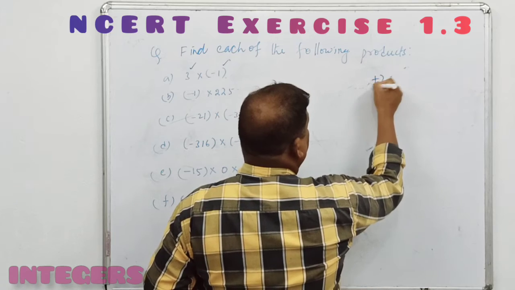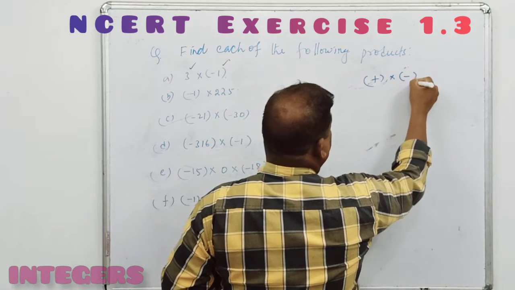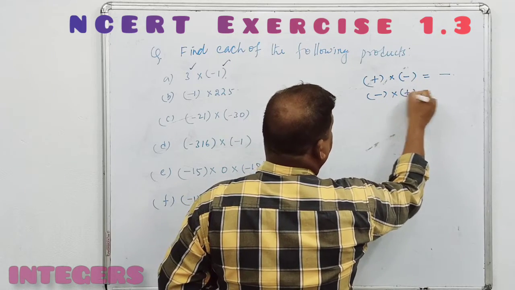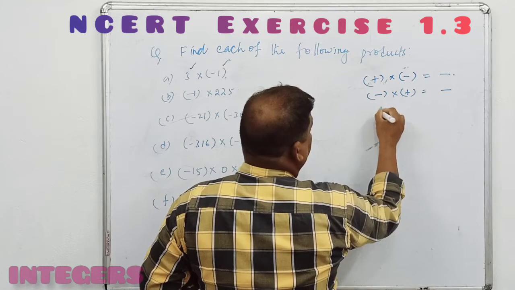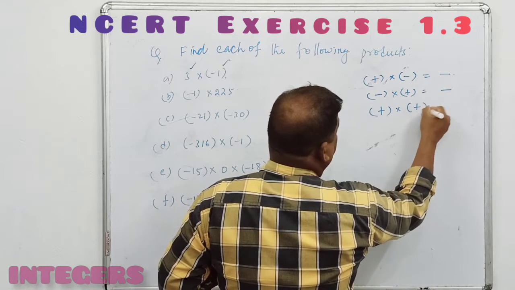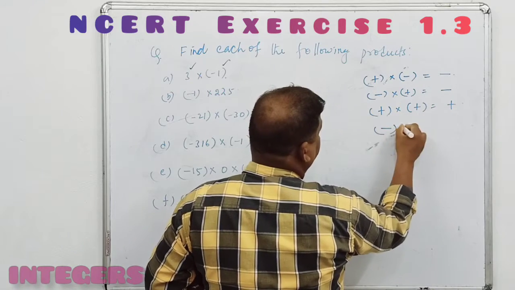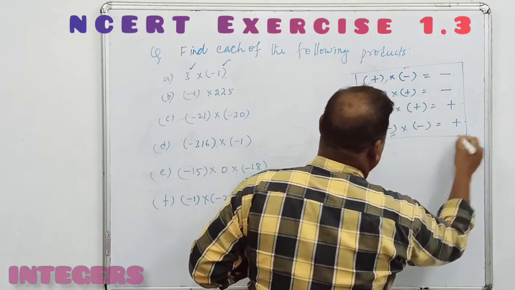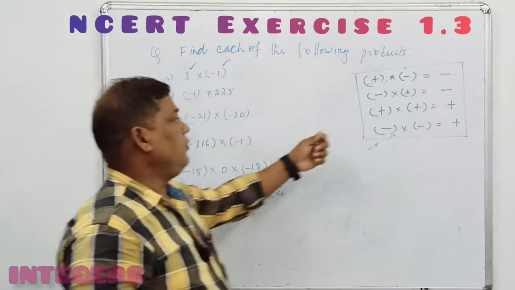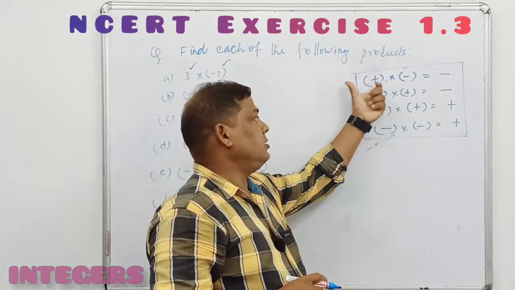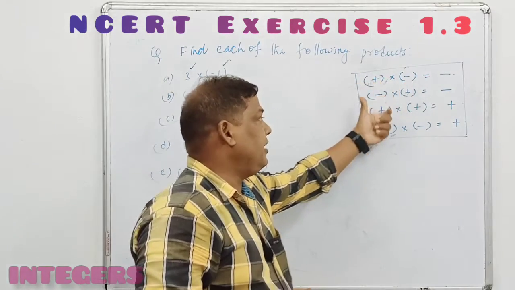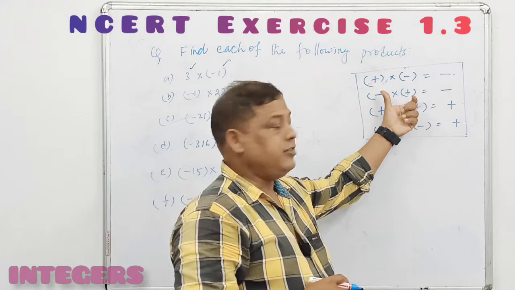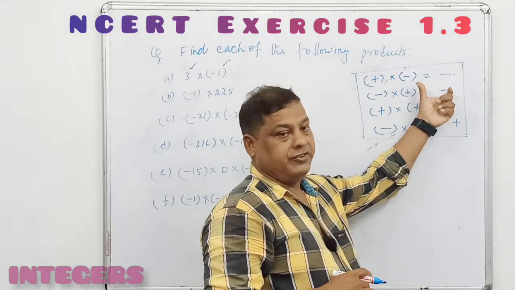We know that positive sign times negative sign becomes negative, and negative sign times positive sign becomes negative. When we multiply a positive integer and a negative integer, the result is a negative integer. When you multiply a negative integer and a positive integer, the result is also a negative integer.